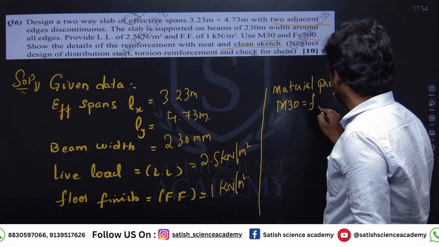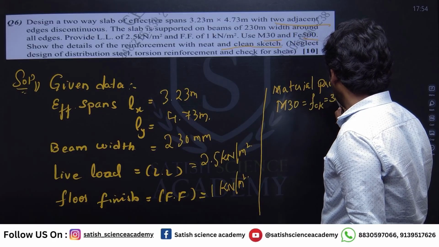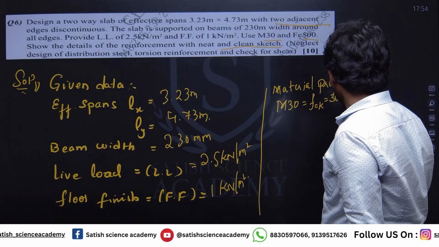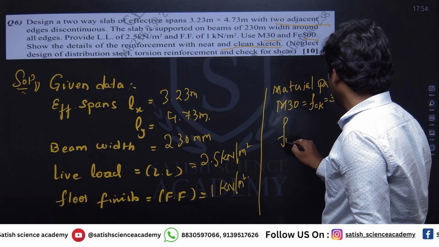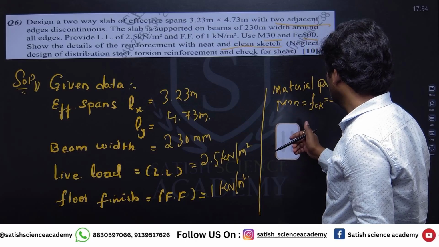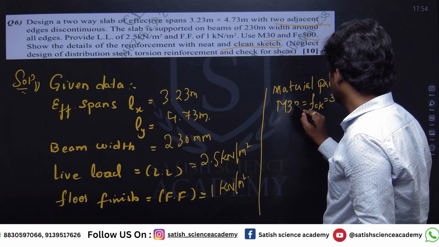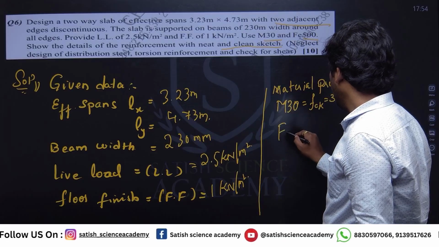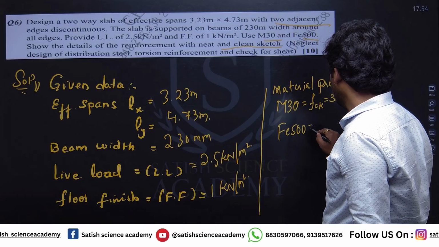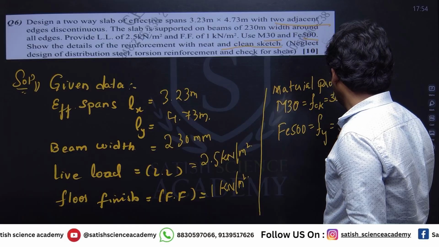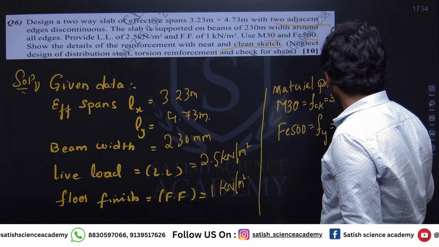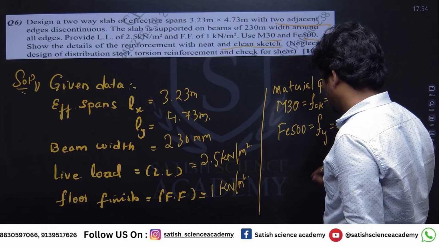So this is fck equal to 30 Newton per mm square, and Fe 500 is given, that is fy equal to 500 Newton per mm square.